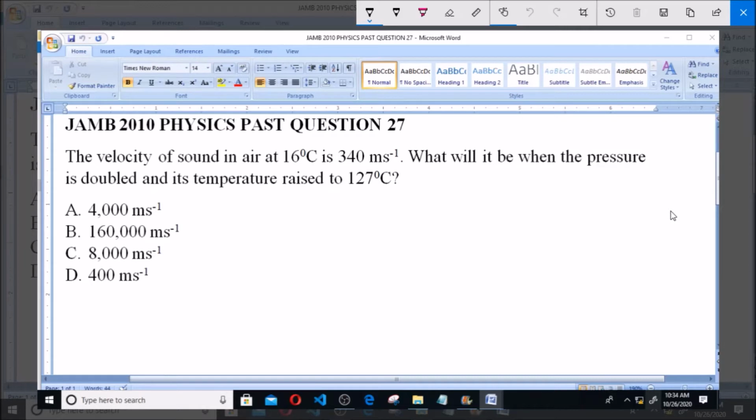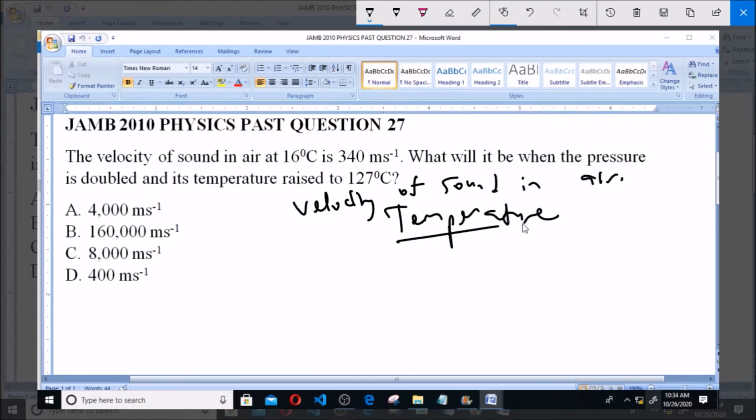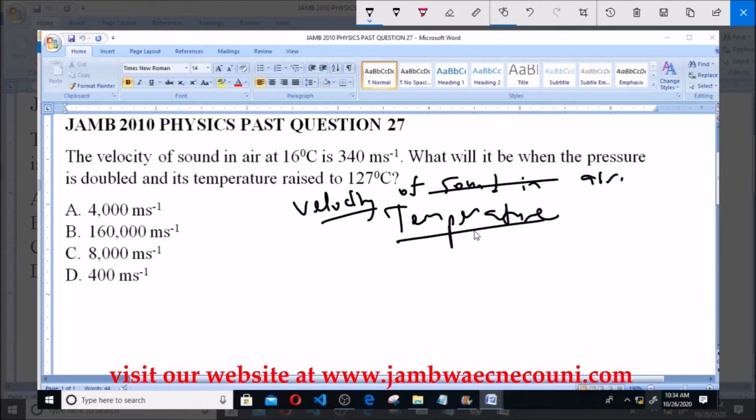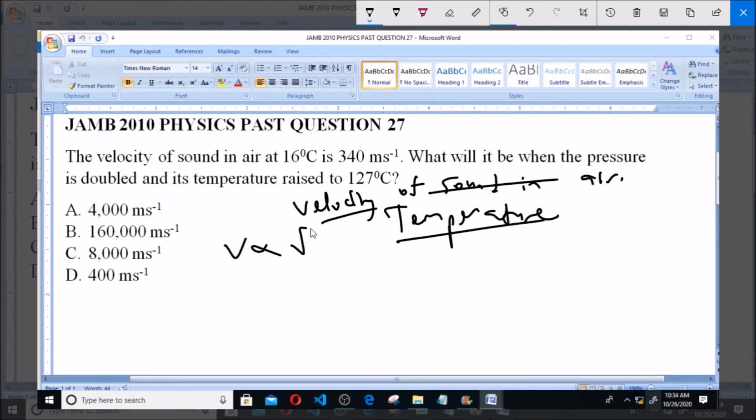Now we are working with velocity of sound in air, and we are looking at the effect of temperature on the velocity of sound in air. This relationship says velocity of sound in air is directly proportional to the square root of the temperature.